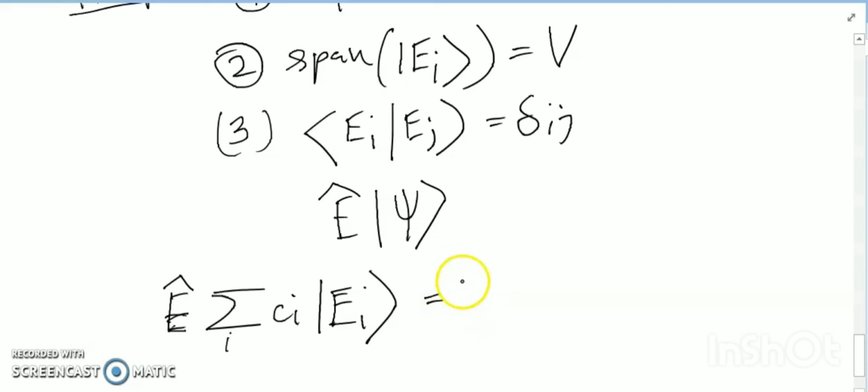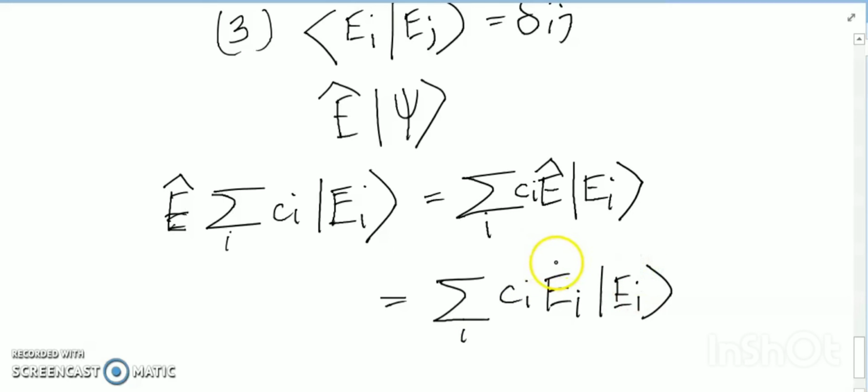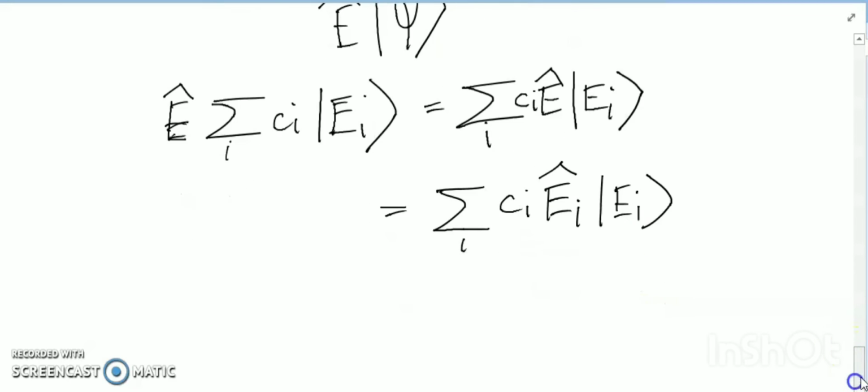So we can write this way: |ψ⟩ = Σ ci |ei⟩, and the operator E acts on each ei. Since these are eigenvectors, the operator will just give us the corresponding eigenvalue.